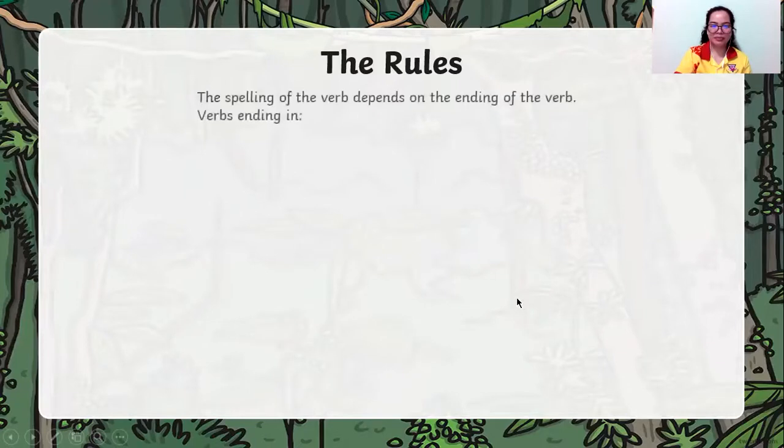Next rules. The spelling of the verb depends on the ending of the verb.